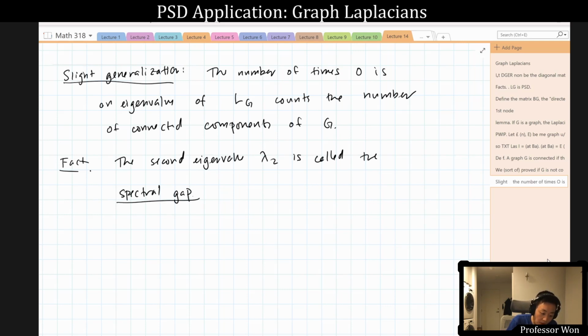It's also called the Fiedler value of the graph. And as I just said, this Fiedler value or the spectral gap tells you how connected your graph is, and we'll see a little bit about what I mean by that in the next lecture.